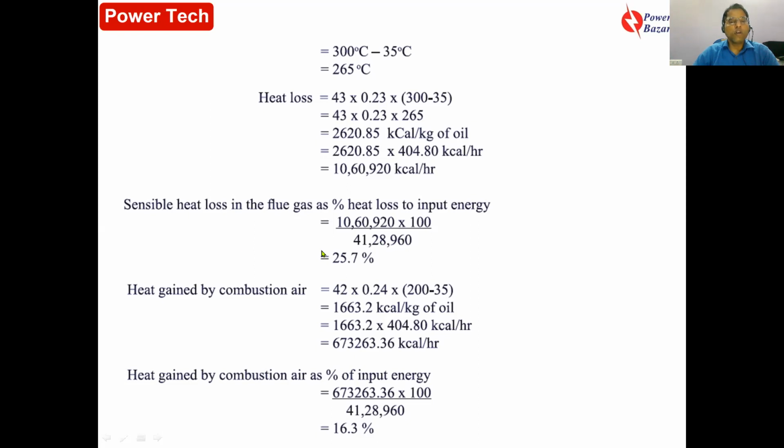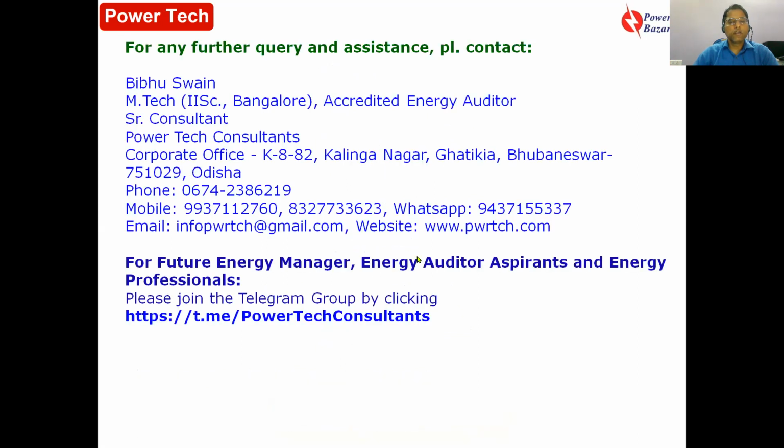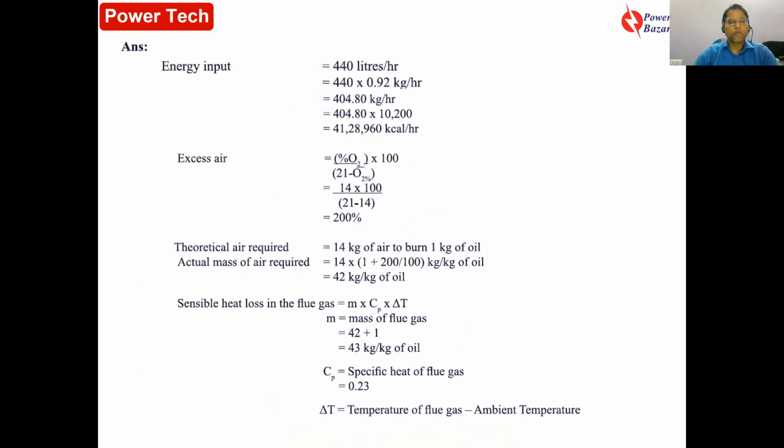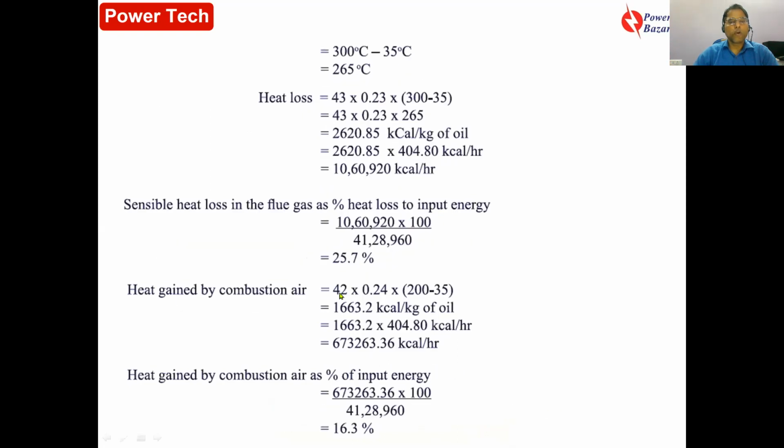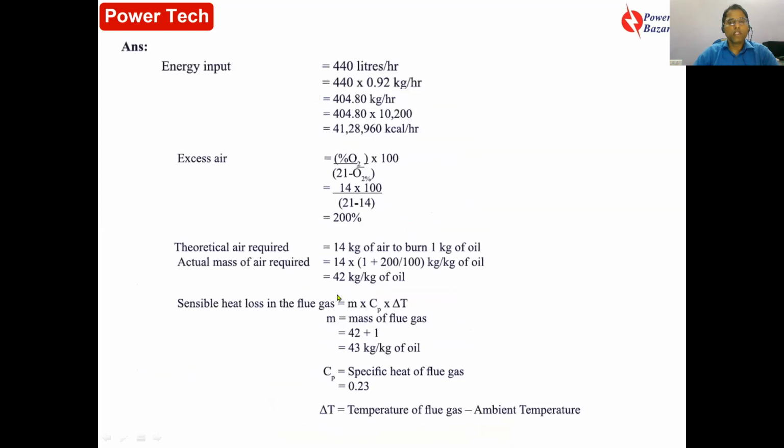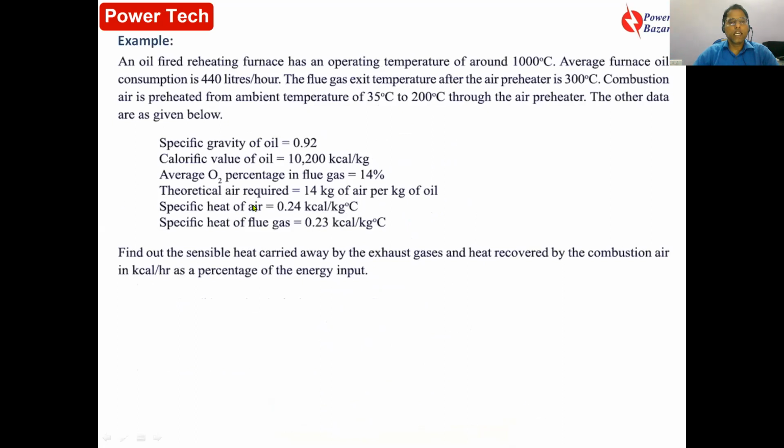Now out of this, what is the heat gained by the combustion air? 42 into 0.24 into 200 minus 35. Why 42? Because 42 is the actual mass of air being supplied. And 0.24, why 0.24? Because that is the specific heat of the air.